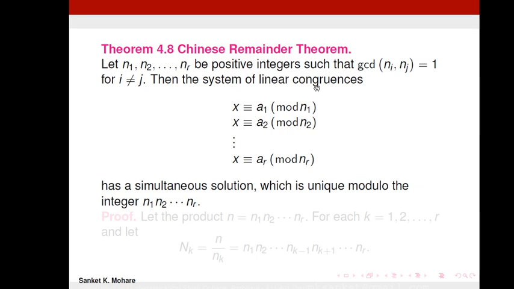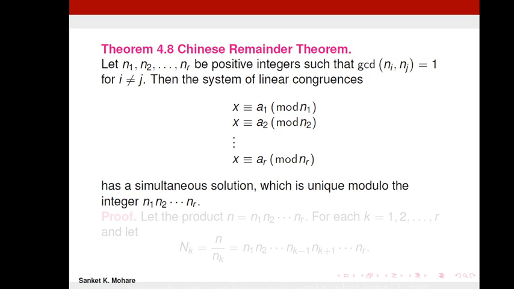Then the system of linear congruences x congruent to a1 modulo n1, x congruent to a2 modulo n2, x congruent to ar modulo nr has a simultaneous solution which is unique modulo the integer product of n1, n2 up to nr. So the product of these ni, where i varies from 1 to r.